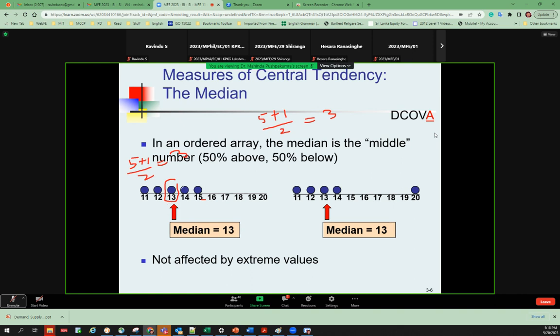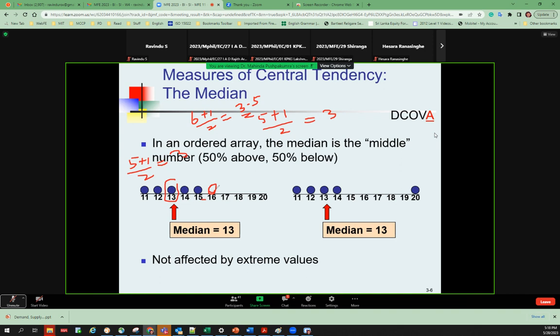Now let's say you have 6 observations. Then the median position is 3.5. Then how can we get the median value? Let's say you have one more observation here.